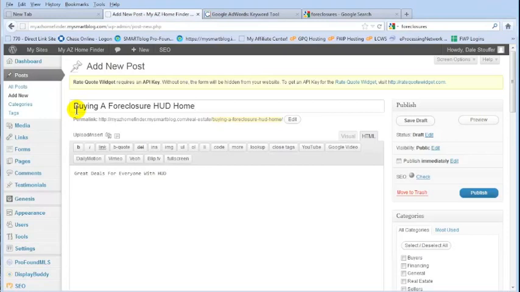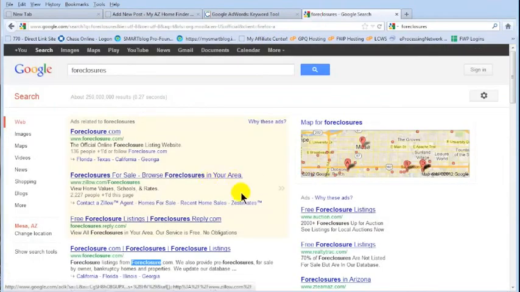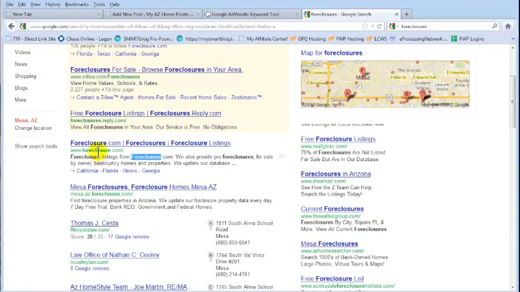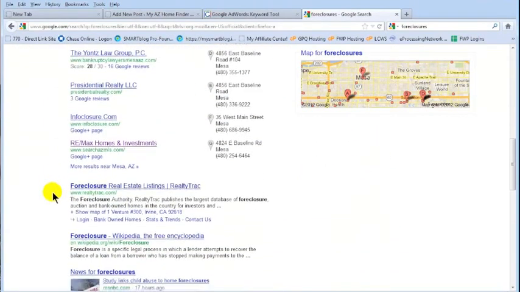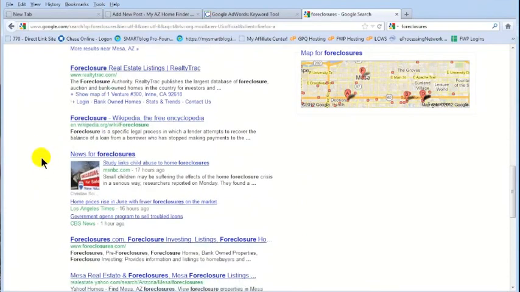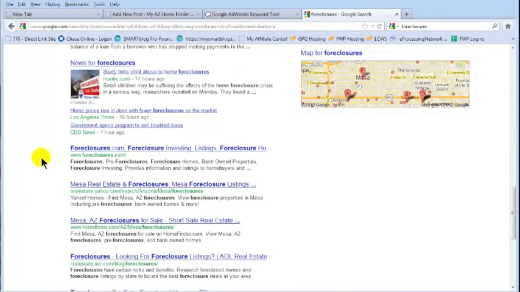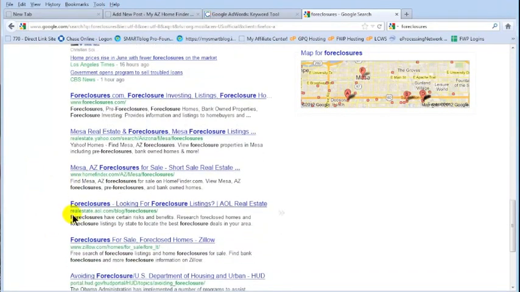I'm not going to rank at all. I'm just going to blanketly say I'm never going to rank for buying a foreclosure HUD home, whatever combination of this is, because my site isn't nearly as strong as some of these other sites like foreclosure.com. I'm never going to beat that one out. Okay? I'm never going to beat some of these other websites off the top. Home Finder, they're big.